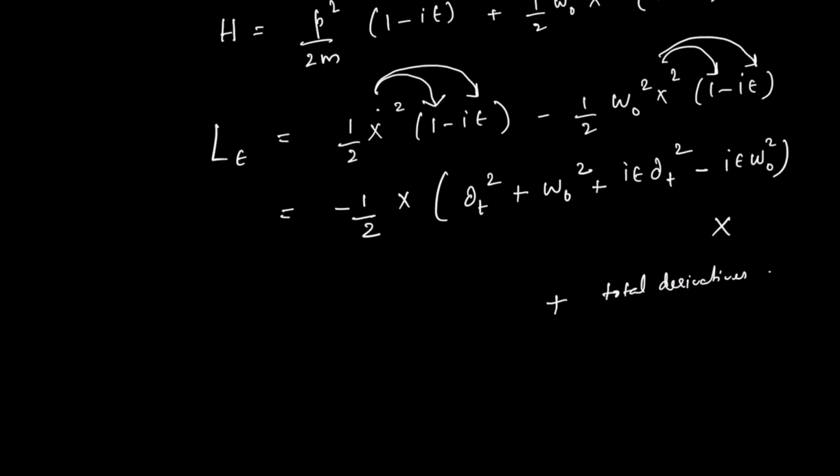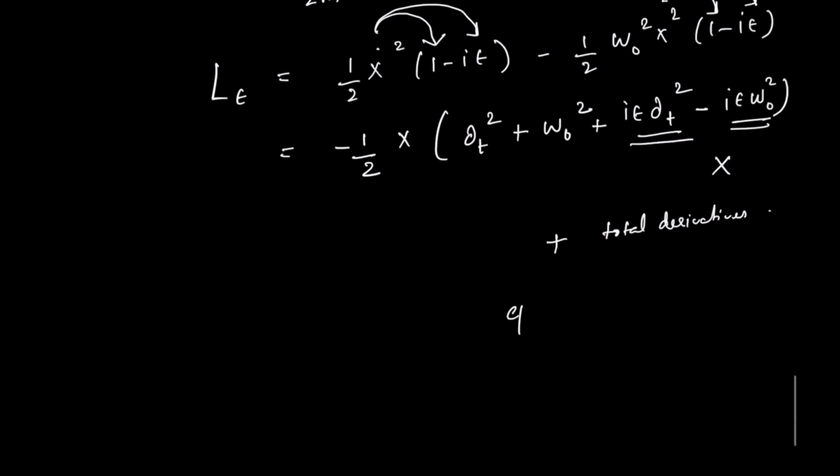Here you can see omega naught square and d t square have an epsilon dependence, and when we apply the boundary condition, these total derivatives will vanish.